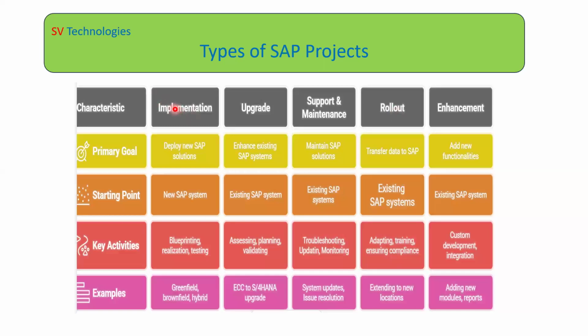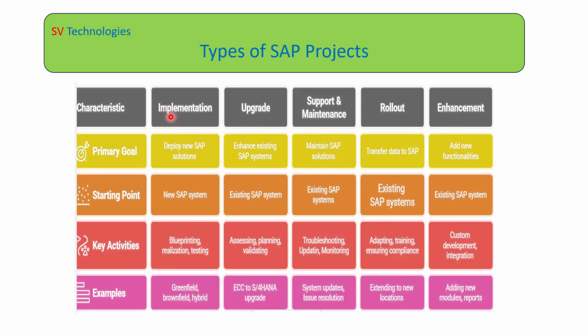What is our role in the implementation project? Once you get a job, you should be able to understand what kind of project it is, whether it is an implementation project, upgradation project, support or maintenance project, rollout project, or enhancement project. Then only will you be able to understand your role.